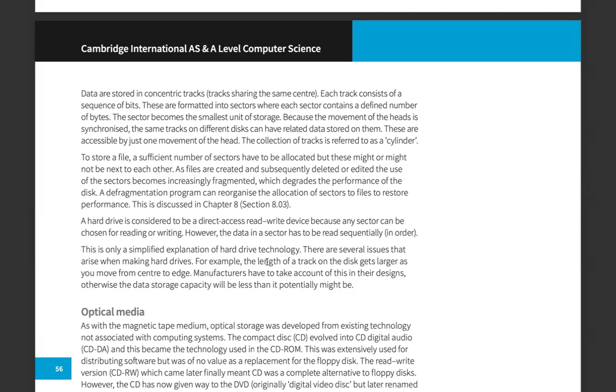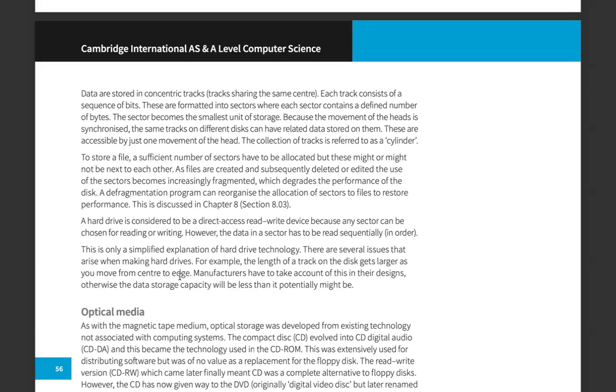For example, the length of a track on the disk gets larger as you move from center to edge. As you go from the center to the edge, the length of the track increases. So manufacturers have to take account of this in their designs. They must think about this when designing.